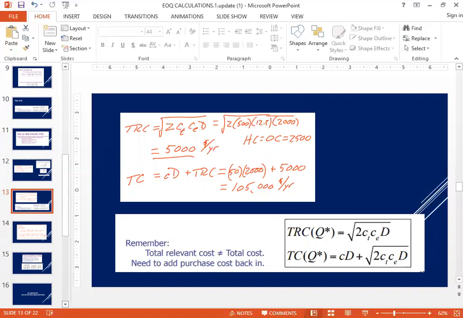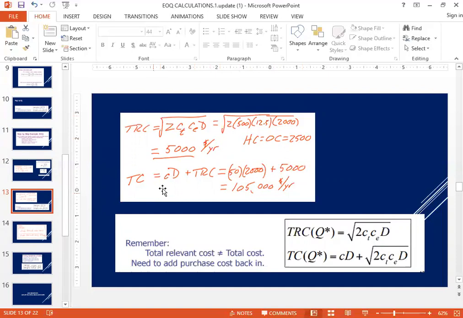They'll give you the same numbers. So if I plug in all the numbers in the TRC formula, that's going to be 2 into CT, which is 500, CE, which is C into H, which is 12.5, and D, which is 2,000. I take a square root of that, and the total relevant cost is going to be 5,000.